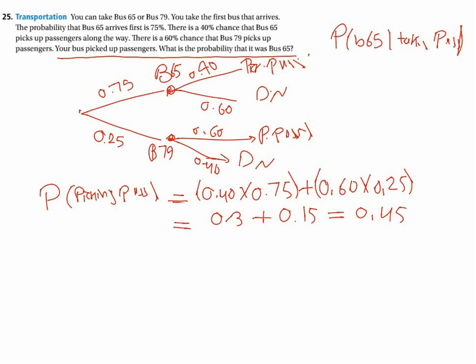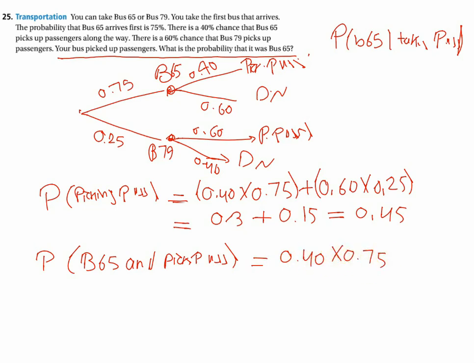Now, we want to find the probability of bus 65 and picking up passengers. This is 0.40 times 0.75. Look at the graph again.